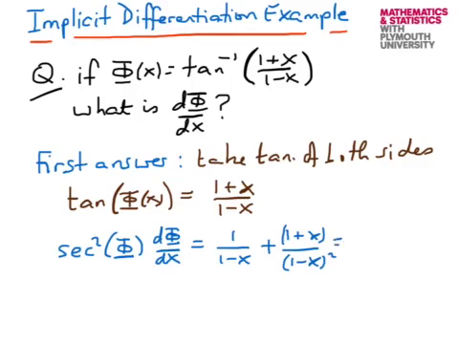And then we put these terms together over a common denominator, 1 minus x all squared on the bottom, and on the top we're going to have here 1 minus x squared, and then from here we've already got the denominator, so 1 minus x squared on the bottom, so on the top we're going to have 1 plus x. So just to say it again a bit more clearly, here we have 1, we have to multiply it by another power of 1 minus x.